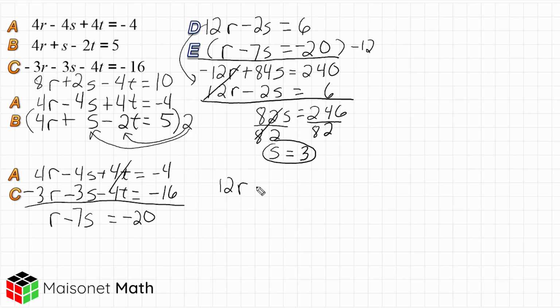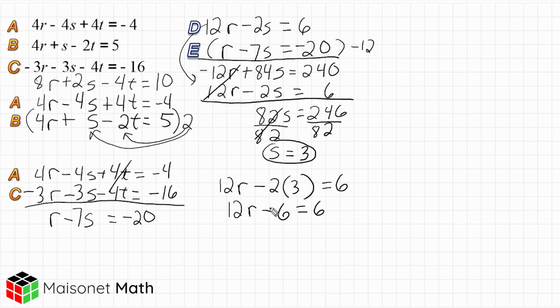12r minus 2 times 3. We just substituted this s with 3 because now we know that s is equal to 3, and set that equal to 6. Now what we have to do is solve for r, and then we have the value of the r variable. So we have 12 times r minus 6 is equal to 6.